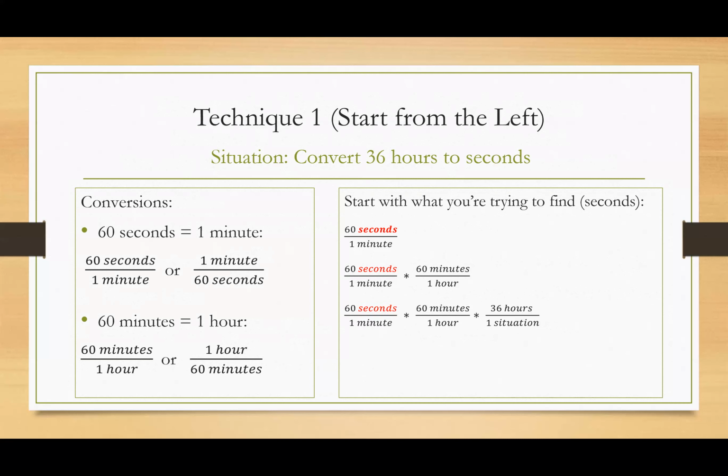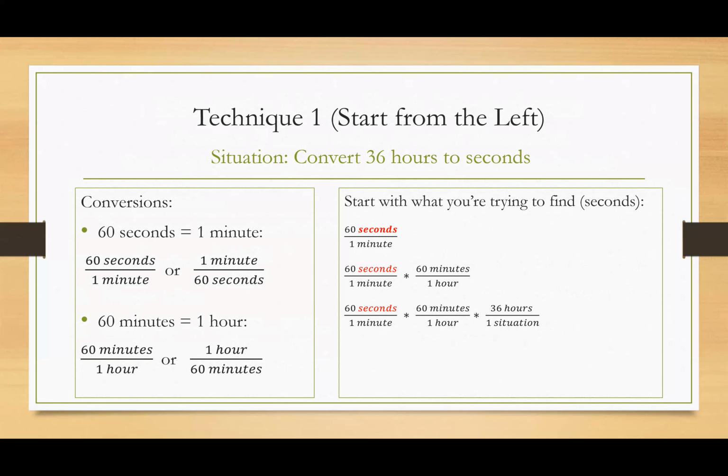So we need to make sure we recognize our last step will be to multiply by 36 hours divided by our one situation. Notice again, the minutes cancel, the hours will cancel, and we're left with seconds for this one situation.